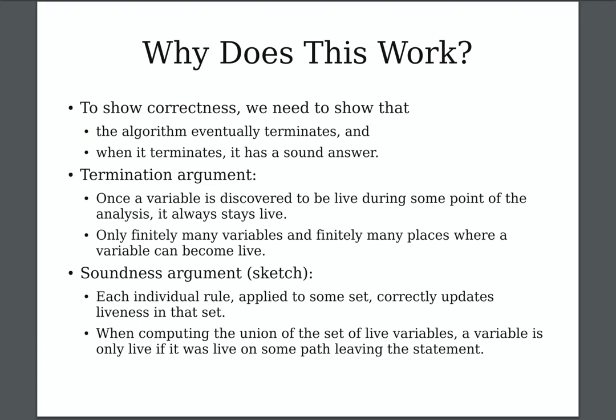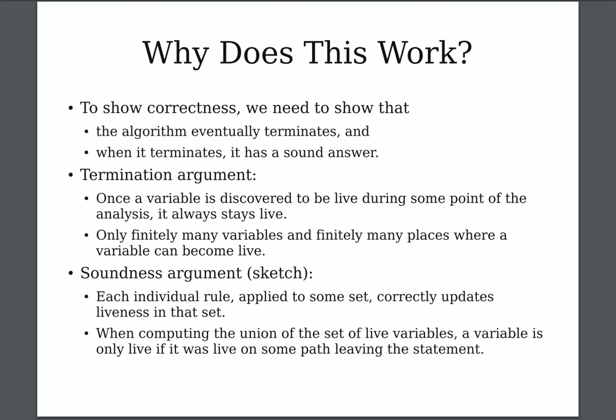So for liveness, the argument, and you can look in the Dragon book for something more formal, for termination is that there's only a finite number of variables and only a finite number of places where the variable can be live. Once a variable is discovered, it's just going to stay live for the rest of our analysis. And so because there's a finite number of variables, there's only a finite number of things we can add to these sets.